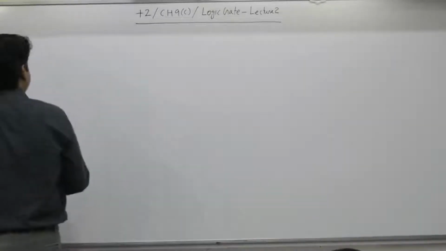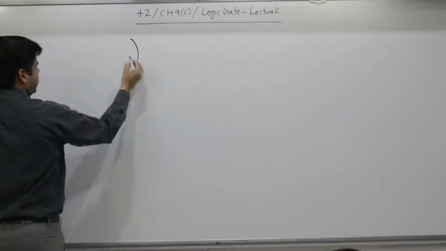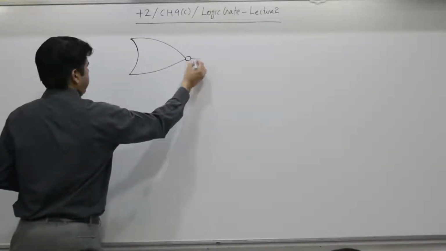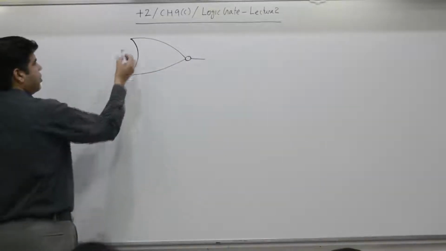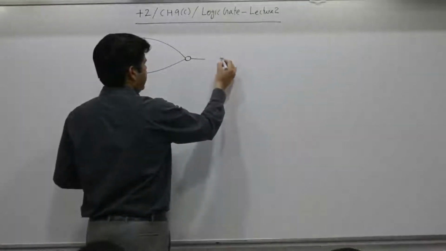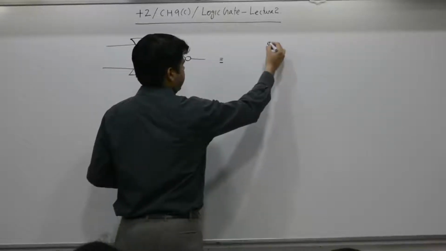OR gate. Now it is a NOR gate. It is equivalent to, we will check, AND gate.